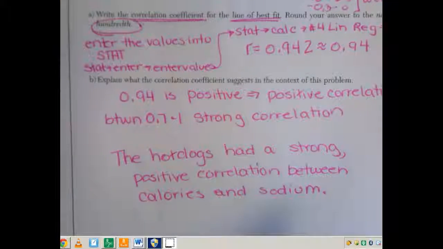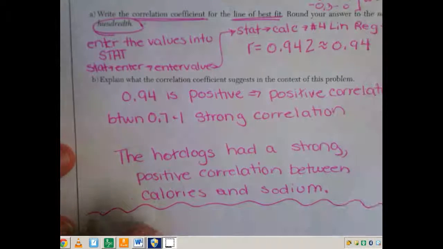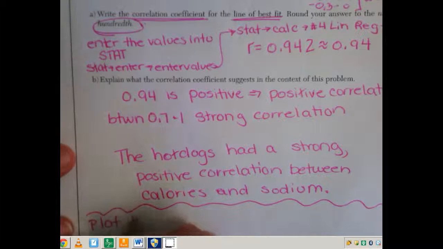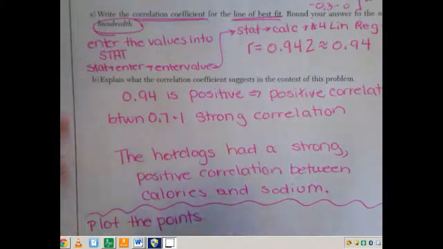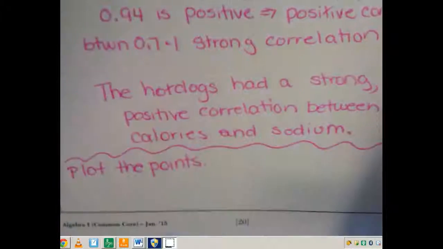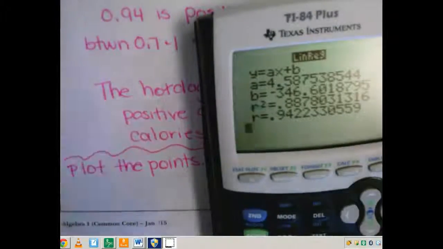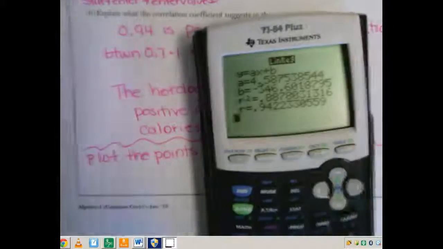Now, to give you just a little bit of extra information, let's say that we wanted to plot the points. Okay, this has nothing to do with this problem. This problem is done, but this is just to give you some extra insight. What we're going to do is, here is our calculator.